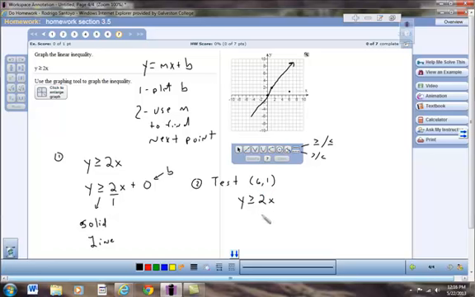This tells me 6 is x, and this tells me that y is 1. So I work this out and I see that this inequality is false, because 1 is not greater than or equal to 12, which means I'm going to shade the opposite side of my test point. And remember, we use this bucket to shade.